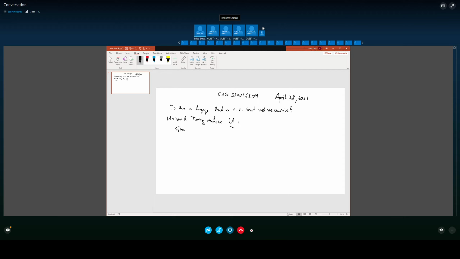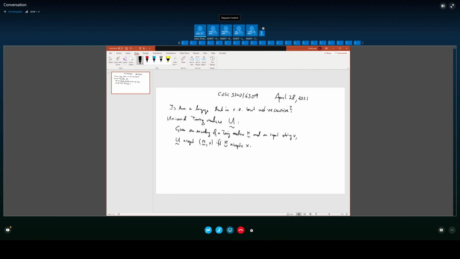Given an encoding of a Turing machine M, and an input string X, U, that universal Turing machine, accepts the pair consisting of that encoding M and X, if and only if M accepts X.